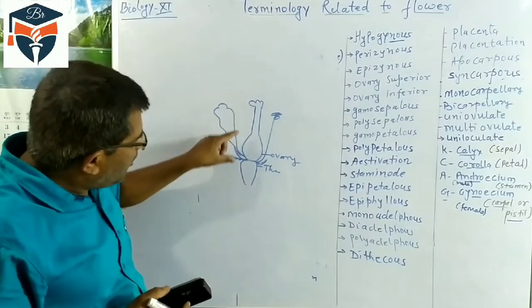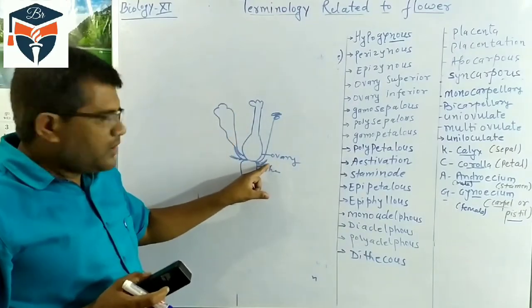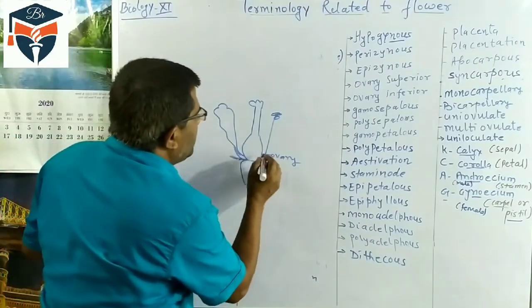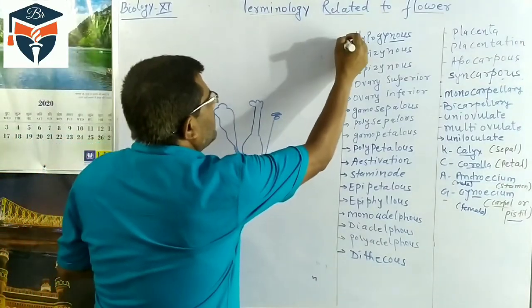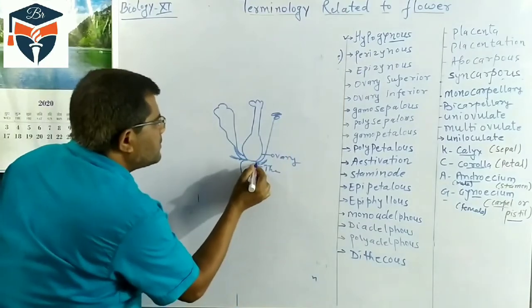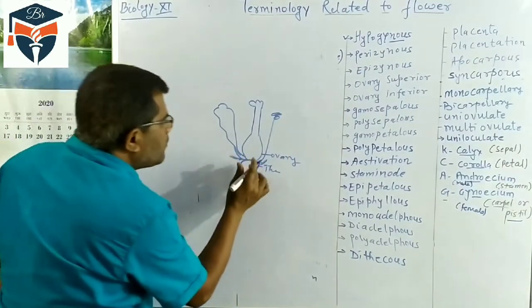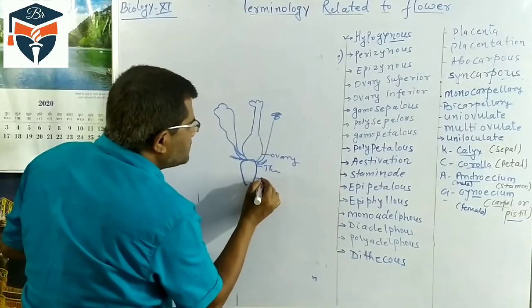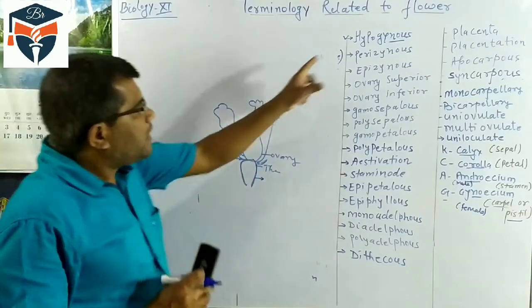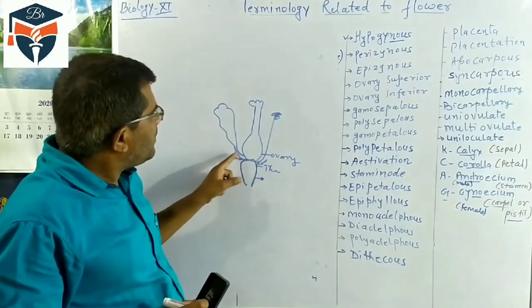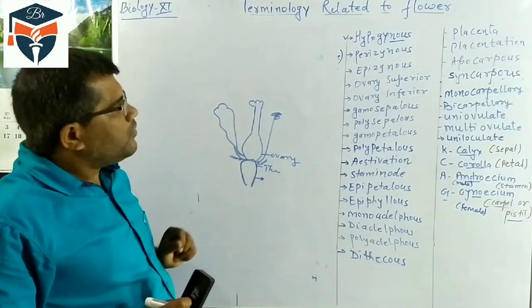It means all the parts of the flower arise below the ovary. It means the ovary is on the thalamus. So if the ovary is on the thalamus, this is called the hypogynous flower. In this flower, the other parts arise from below the ovary.